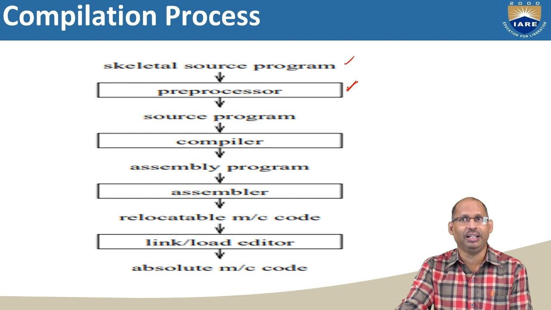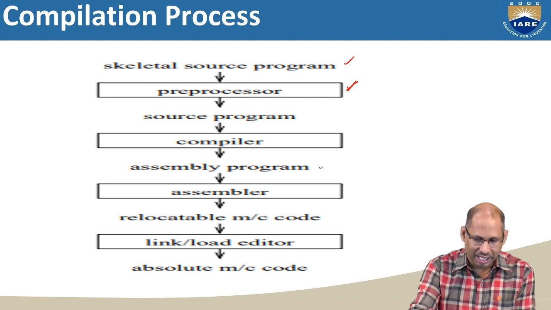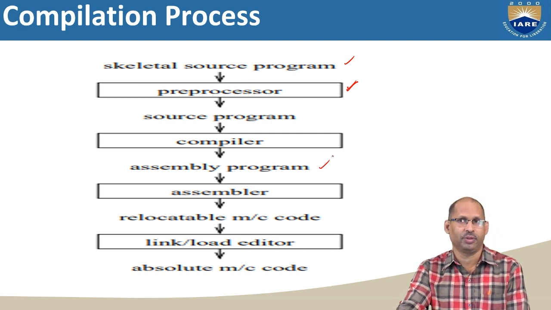The compiler has multiple phases. Normally we use 6 phases. The source program goes through all the 6 phases of a compiler and is converted from high level language to an assembly language program. So the output of the compiler is the assembly program.